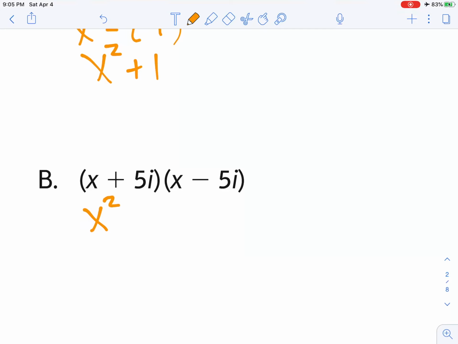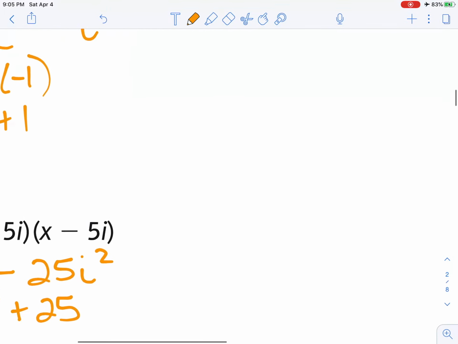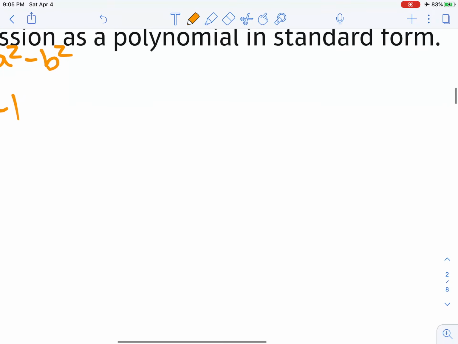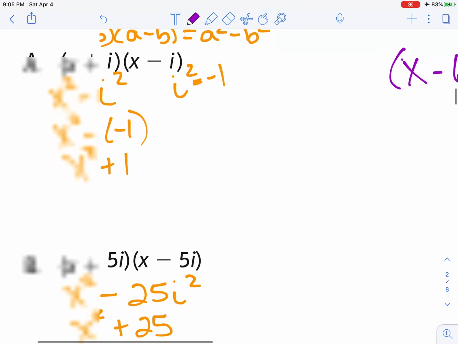So let's look at this one. x squared minus 25i squared. So that gets me x squared plus 25. Okay, I want to do another one of those off to the side right here. x minus 6i, x plus 6i.